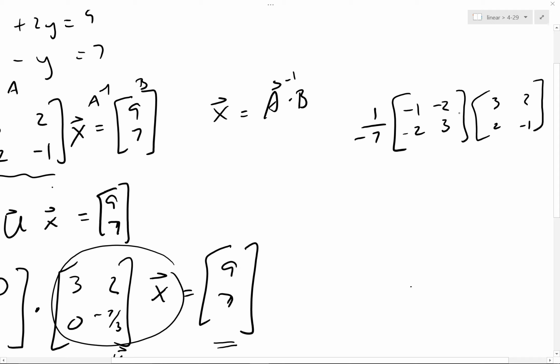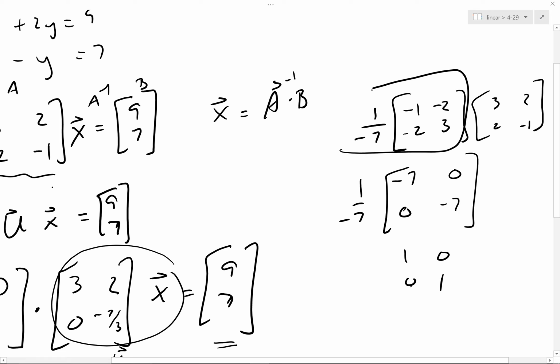Negative 3 minus 4 is negative 7. There we go. And then for the bottom row times this column would be 0, and the top row times the far column would be 0. And then the bottom row times that column would be negative 4 minus 7. There you go. So there's your identity matrix, yes?